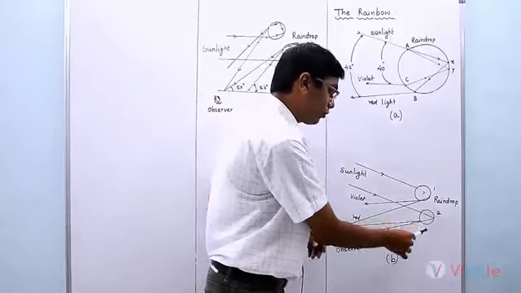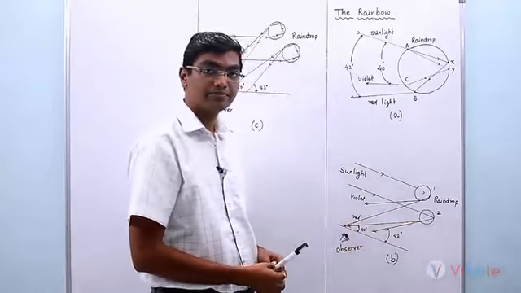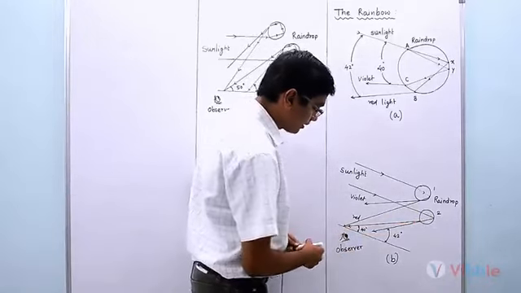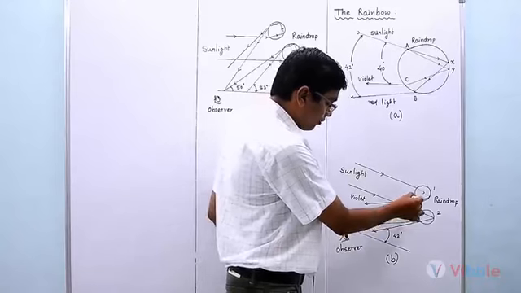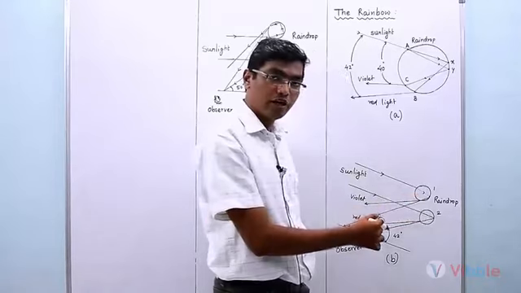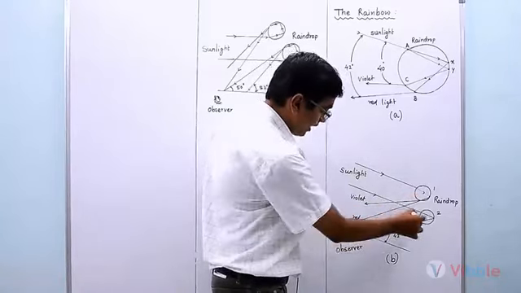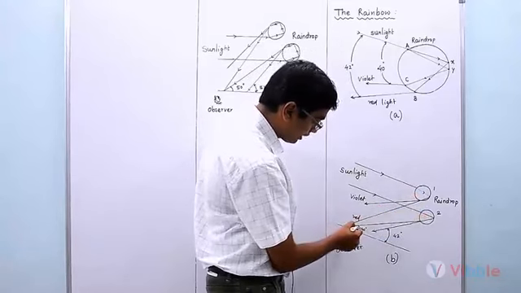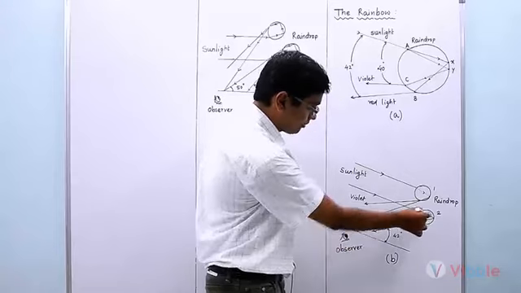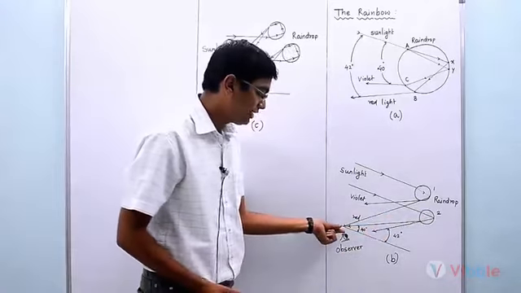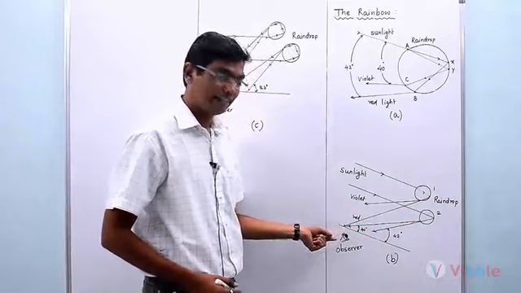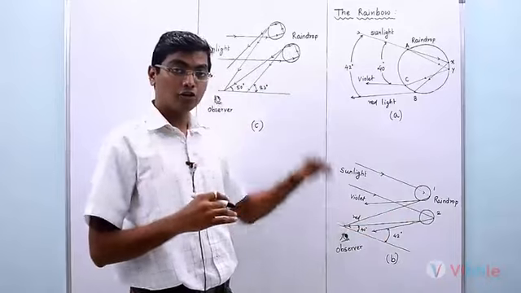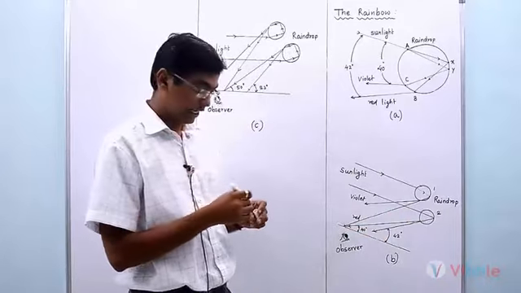Similarly, from raindrop 2 also you will get similar rays. So if you look at the observer, the ray coming from raindrop 1 is a red ray, and the ray coming from raindrop 2 is a violet ray. They meet each other, and therefore this observer gets to see the red light on top and the violet light below.